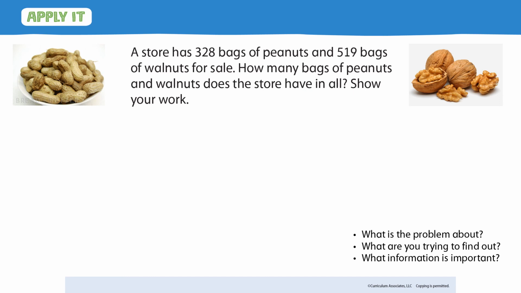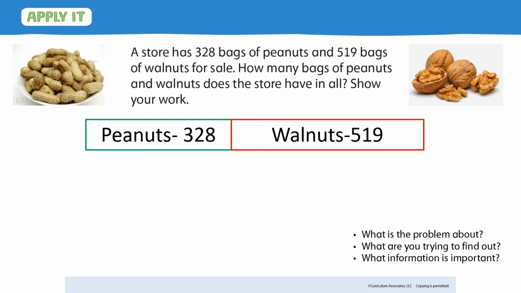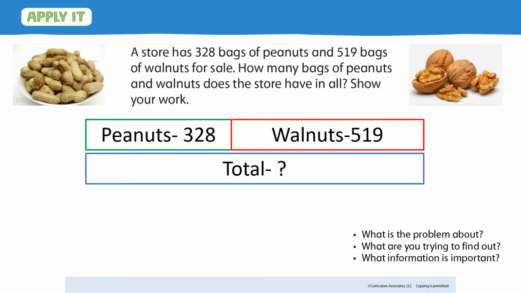So as we look at the problem, we look at those numbers: there are 328 bags of peanuts and there are 519 bags of walnuts. And our question is, how many are there altogether? You can see that when we put the peanuts next to the walnuts, we have a total amount. That's the whole. Those are two parts that make up the whole.